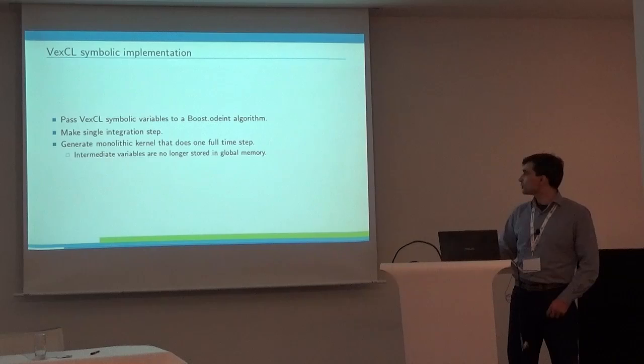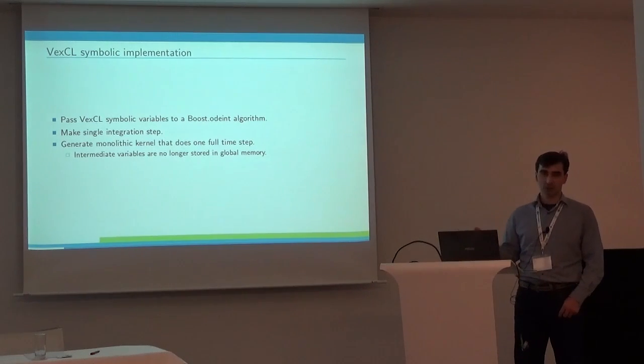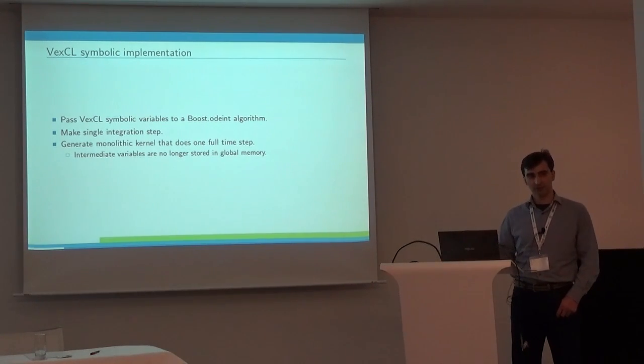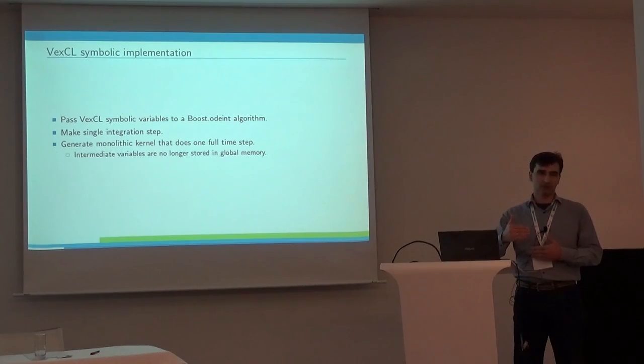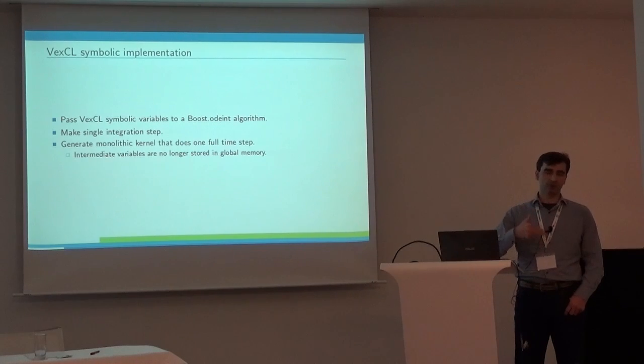So what you can do is you can pass VexCL symbolic variables to a Boost odeint algorithm, and then you perform a single integration step of odeint, and as a result you get a kernel that performs a single but complete Runge-Kutta iteration.